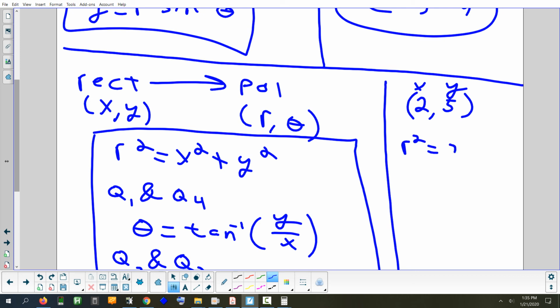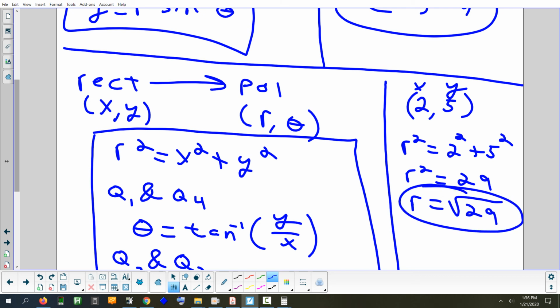So 2 squared is 4, 5 squared is 25. Add up 4 and 25, you get 29. And the radius, I'm just going to leave it as the square root of 29. So that's the number that's going to go here.